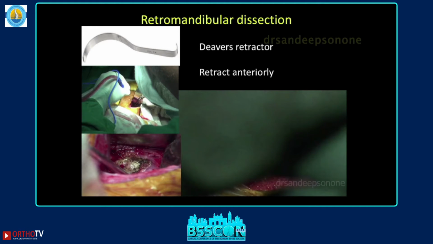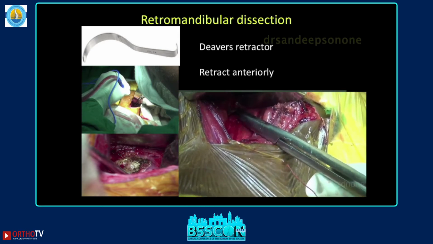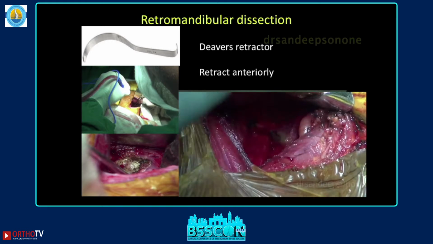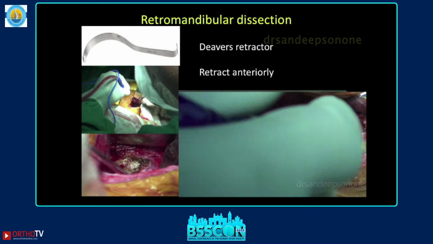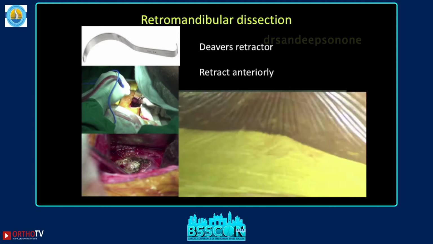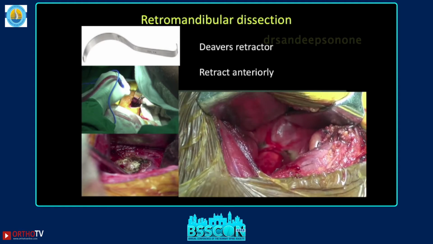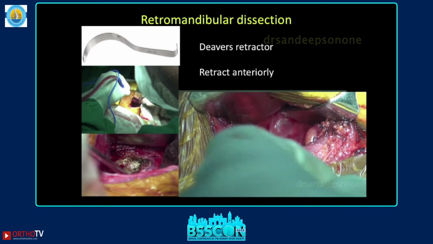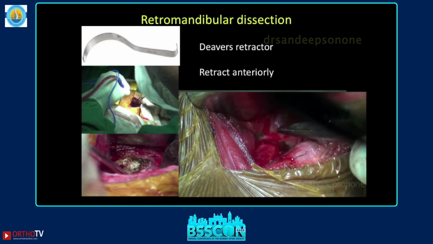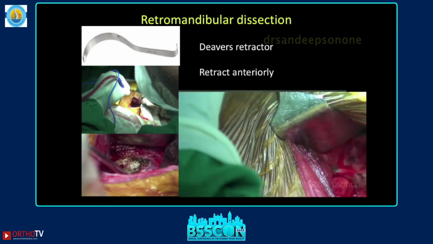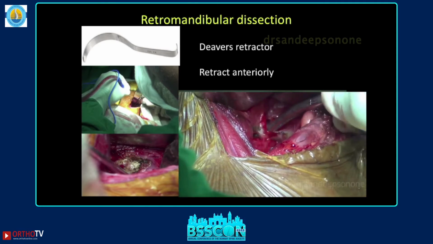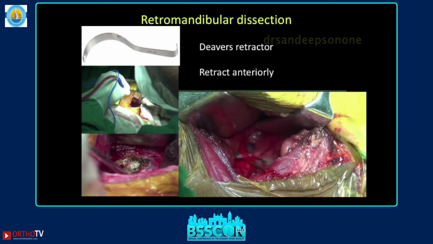The proximal dissection, the deeper part of it, is extremely difficult. It is important not to retract the deeper structures superiorly, otherwise you're going to put significant pressure on the oropharynx, but to retract all these structures anteriorly. So once I reach the retromandibular space, I use a Dever's retractor and retract the whole thing anteriorly, lift all the tissues proximally, and then try to identify the C1 arch.